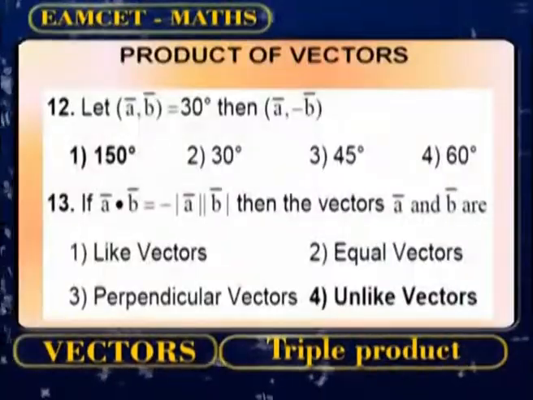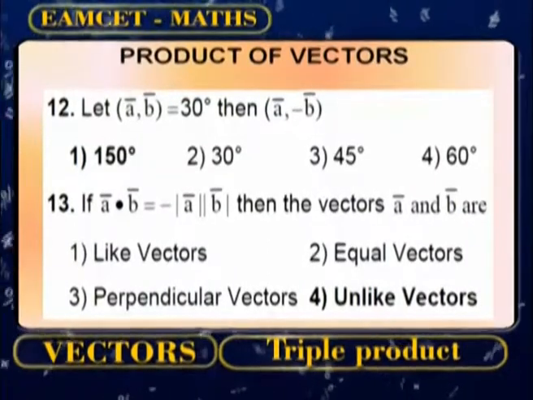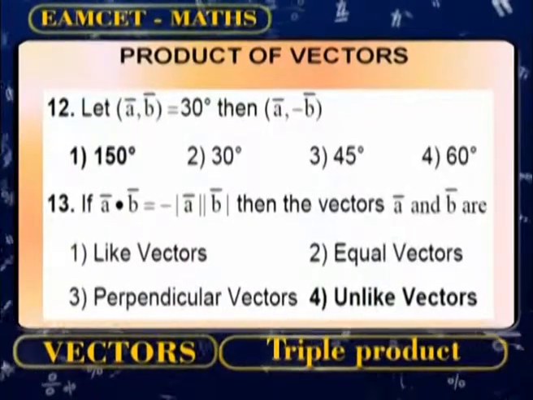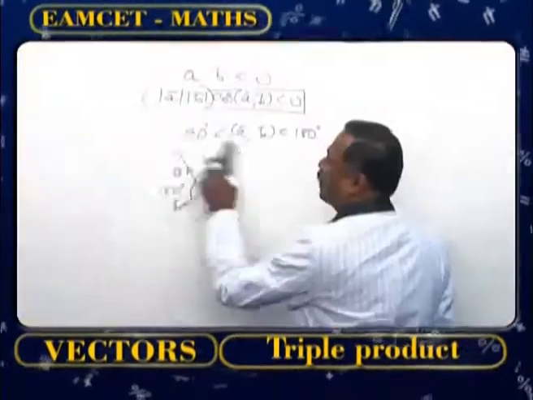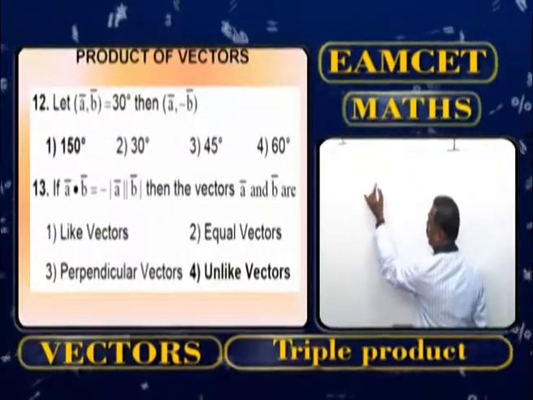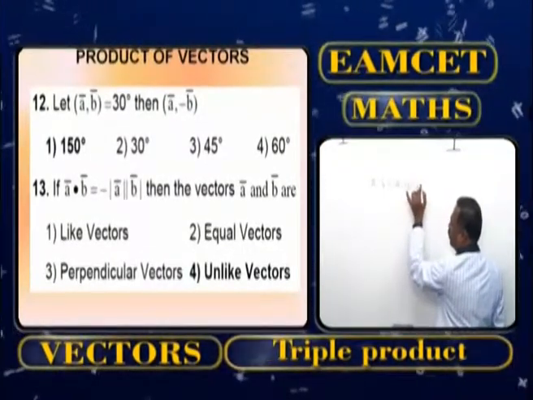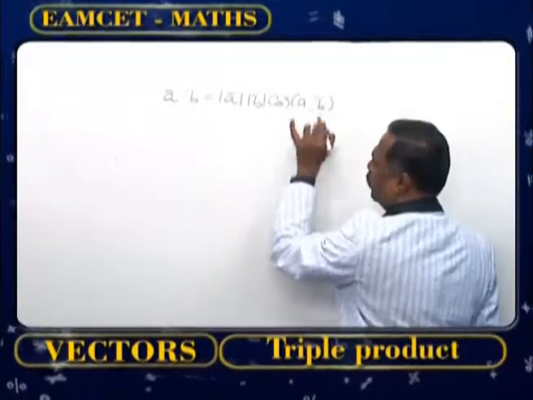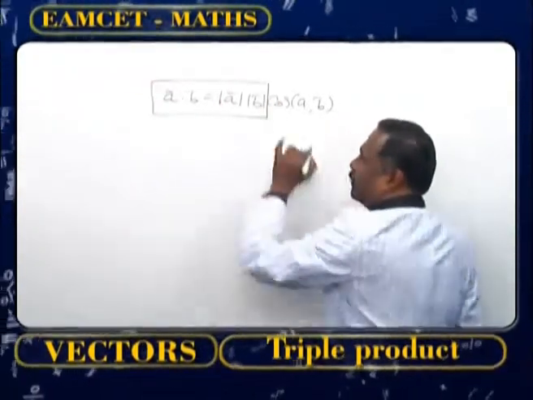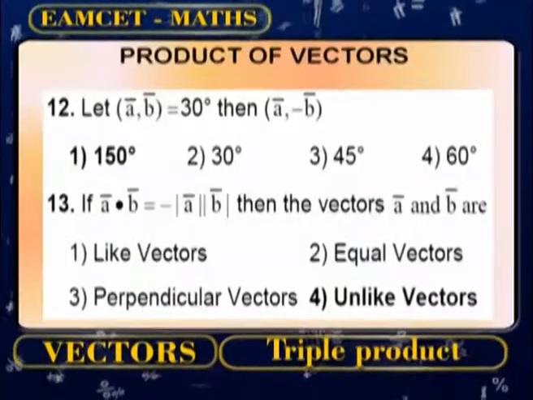Next one, A bar dot B bar is equal to mod A bar mod B bar. Then the vectors A bar and B bar are like vectors, equal vectors, perpendicular vectors, or unlike vectors. A bar dot B bar is nothing but mod A bar into mod B bar into cos of the angle between A bar comma B bar. A bar dot B bar is equal to mod A bar into mod B bar is given.